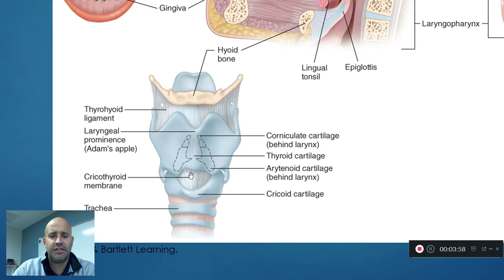A trained paramedic can find the cricothyroid membrane on most patients. If you feel on yourself, just start up at the base of your chin, feel on the midline on the trachea going down, and you'll feel a little indentation and a little V or U shape. That's a cricothyroid membrane. That's an important membrane because that's what we perforate when we perform a cricothyrotomy.